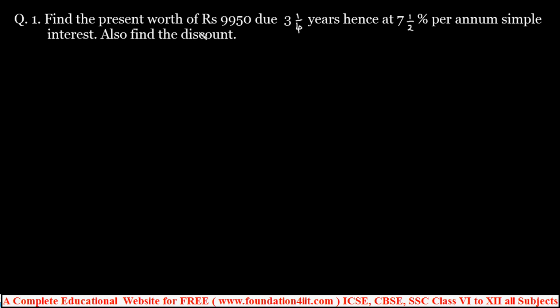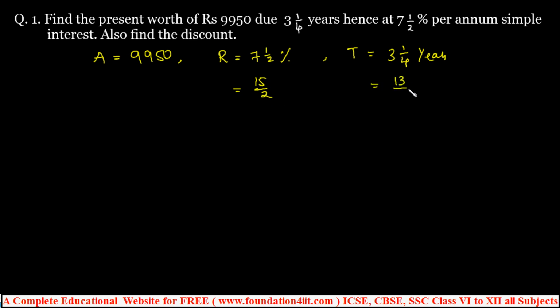So the amount is equal to 9,950, the rate of interest is 7.5 percent, and the time is 3 1/4 years. Time should be in years always. You can convert these into improper fractions: rate is 15/2 and time is 13/4, right? We need to find the present worth.